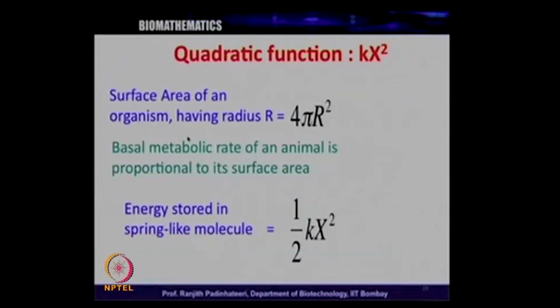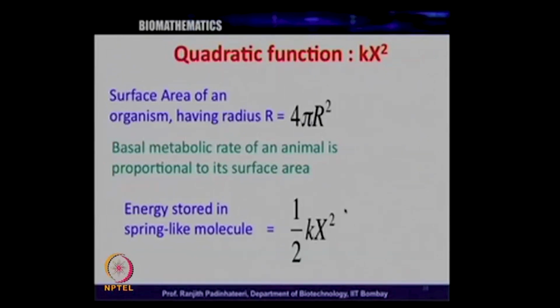So, basal metabolic rate will be a quadratic function of the radius. The more the radius, the more the metabolic rate differs, quadratically.